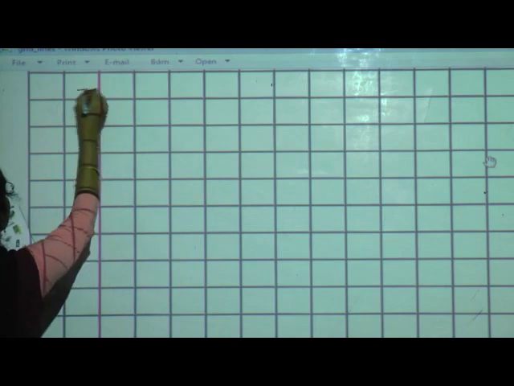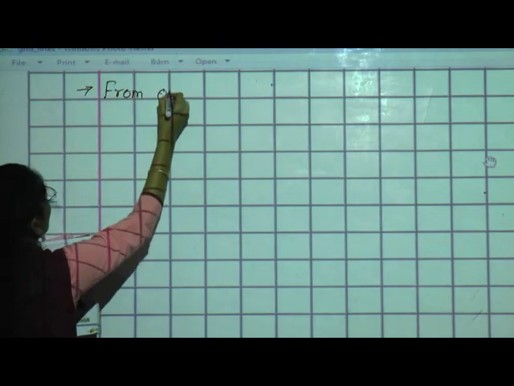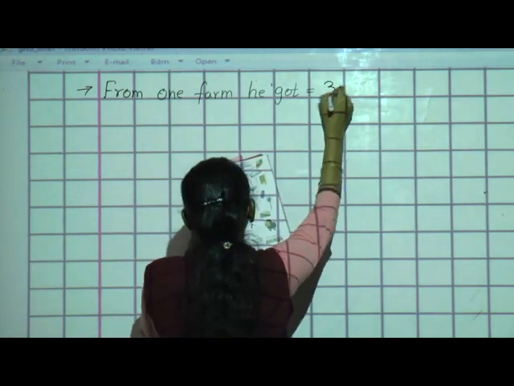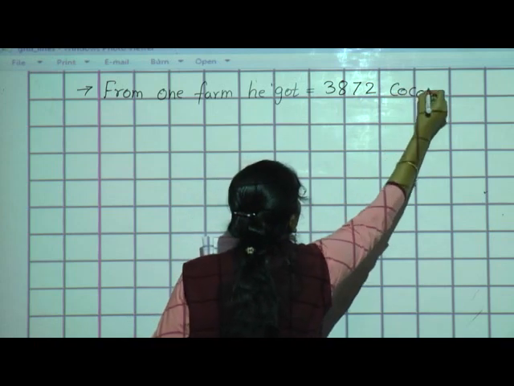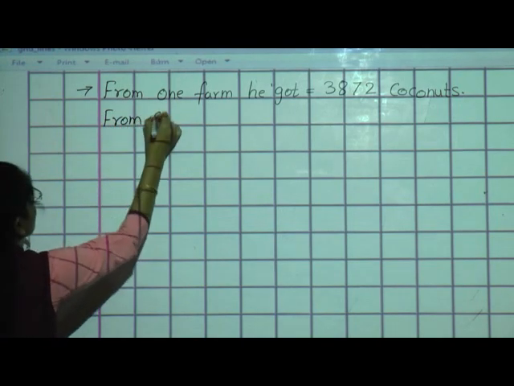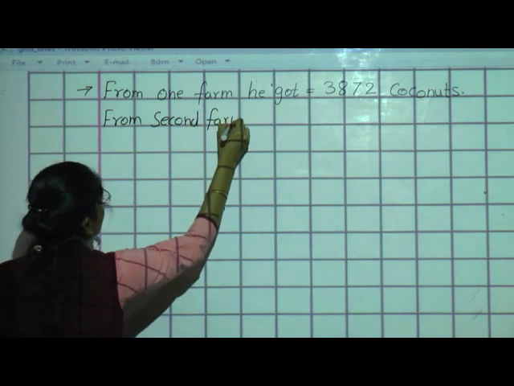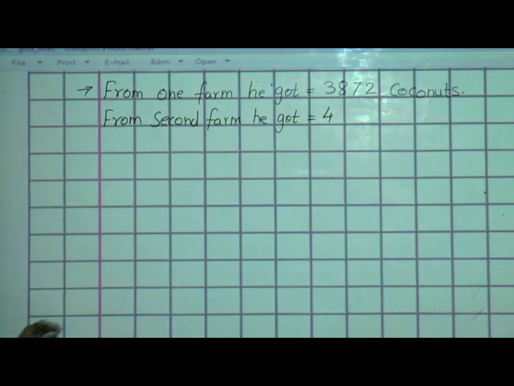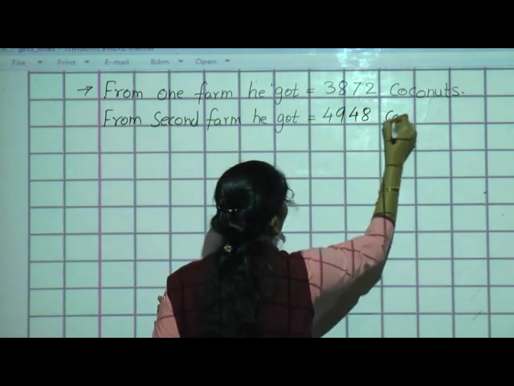From one farm he got 3,872 coconuts. And from the other farm he got 4,948 coconuts.